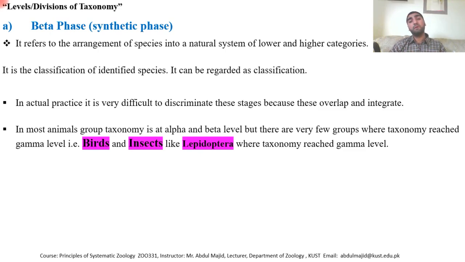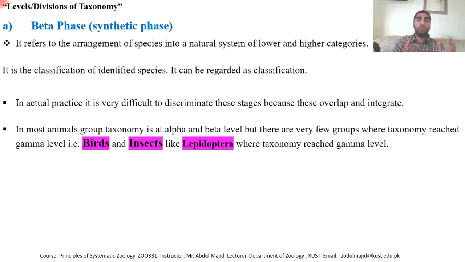Their taxonomy has reached gamma level. Maybe in some fishes also it has reached gamma level, and maybe in some other groups, but not in all groups. In others, taxonomy is not up to that mark. It has not reached that level yet.